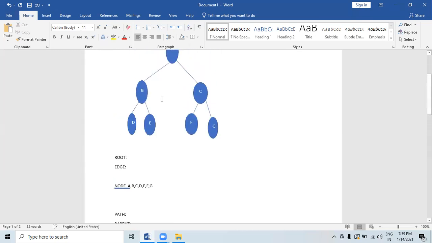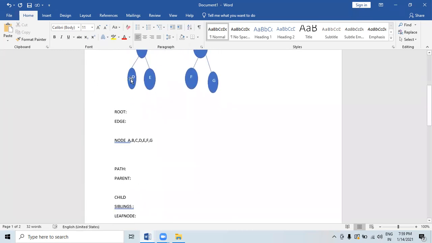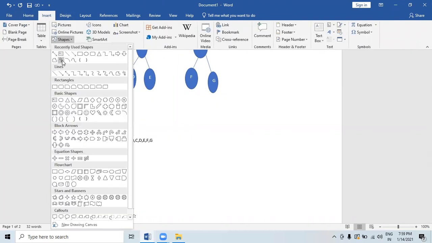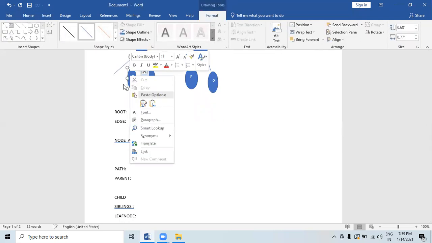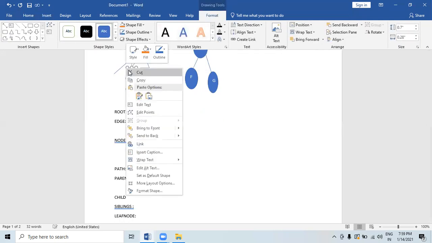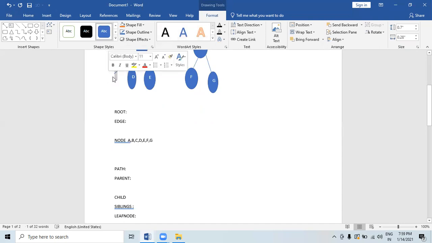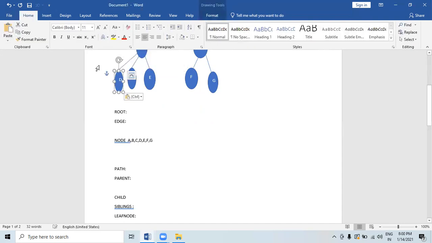Because it's having 2 children. Then if suppose we put it here like this, let's copy it, paste it and change it.